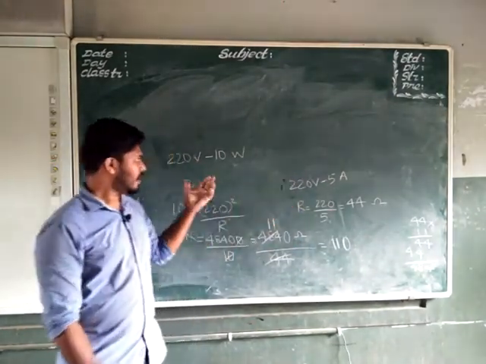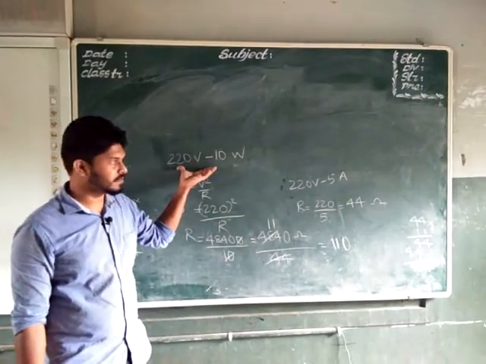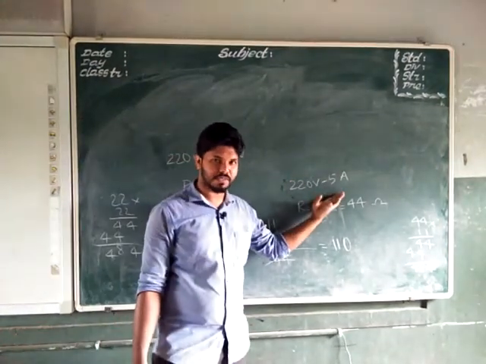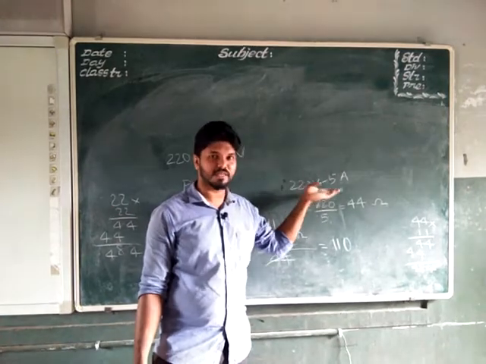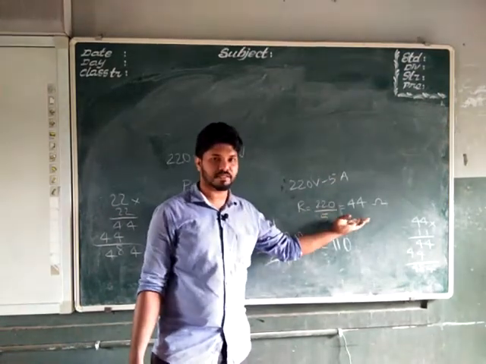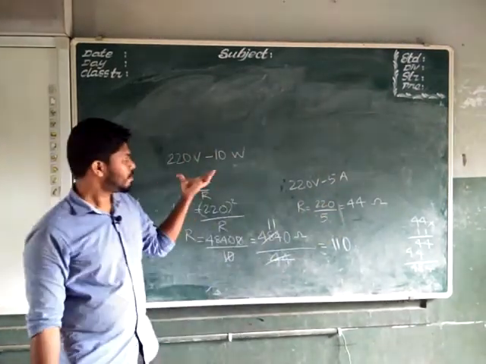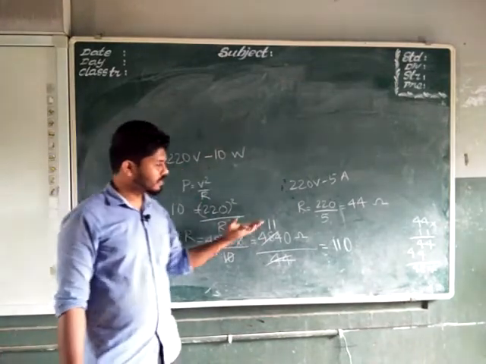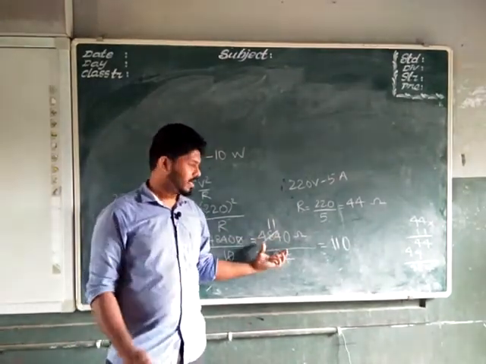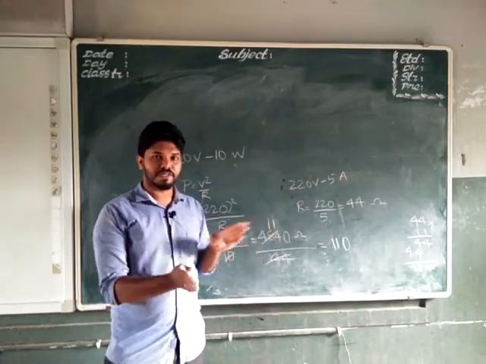See, actually the rating of a bulb is given and our circuit quantities are given, that is volt and ampere. From that we find the resistance of the circuit. Now by using the rating we find the resistance of a single bulb, and now we have to reduce this resistance up to 44.